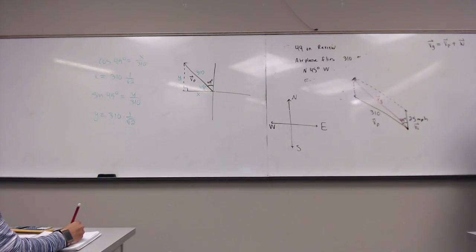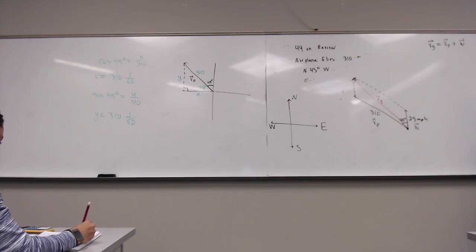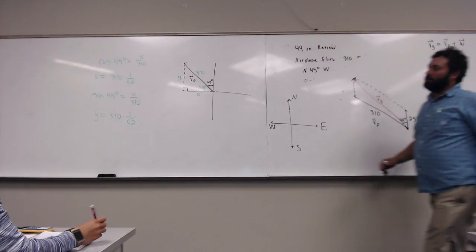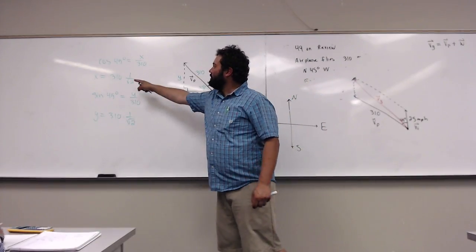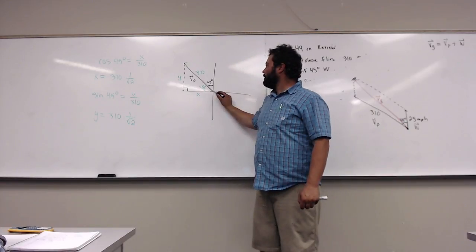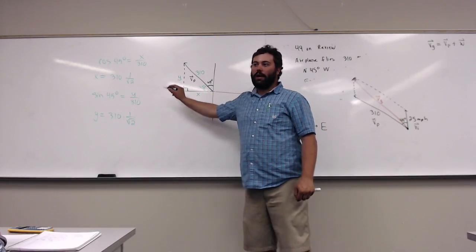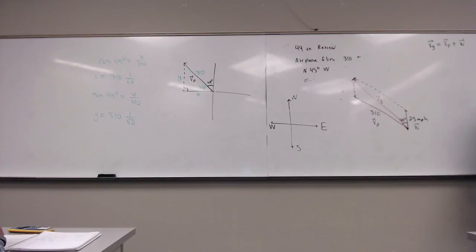And that's going to give me the components of the vector VP. The base of this triangle is really 310 times 1 over root 2, but really we're going in the negative direction. So the x component is minus 310 over root 2. The y component is positive 310 over root 2.